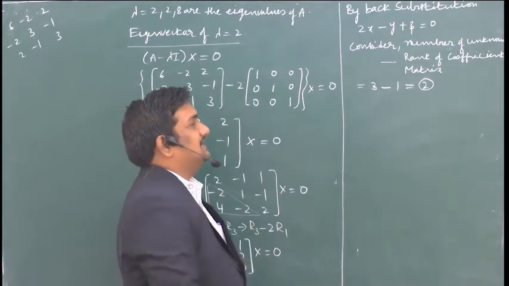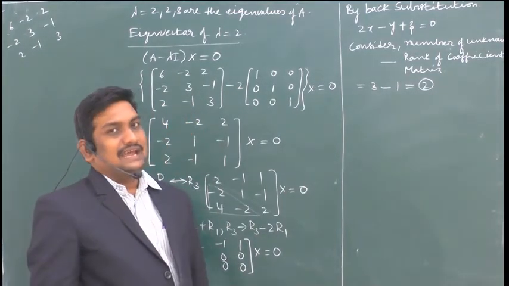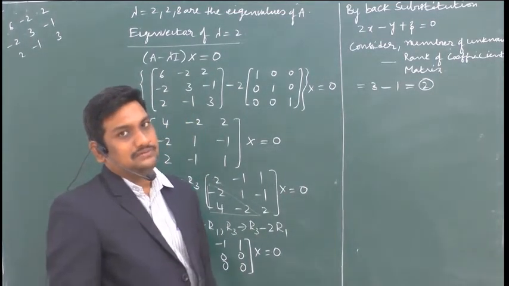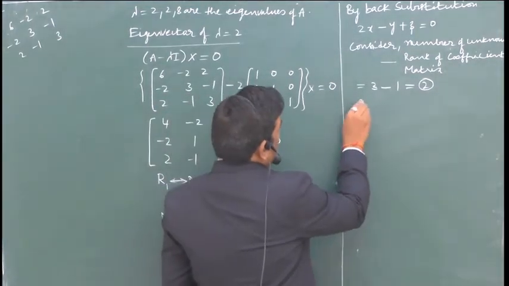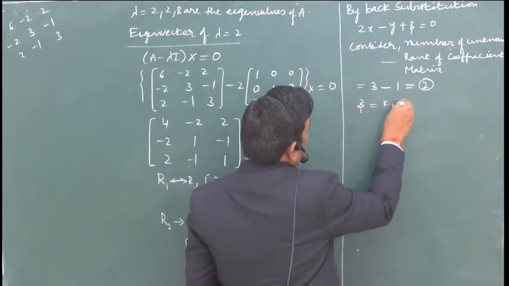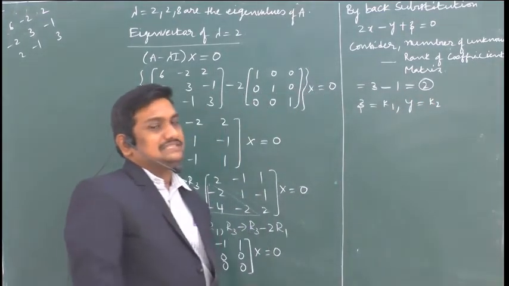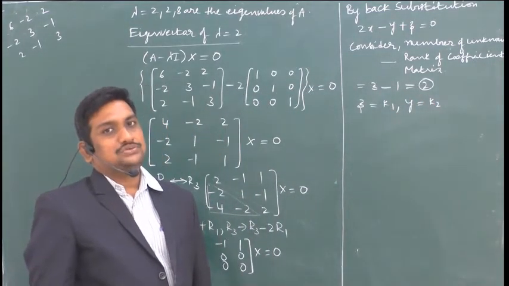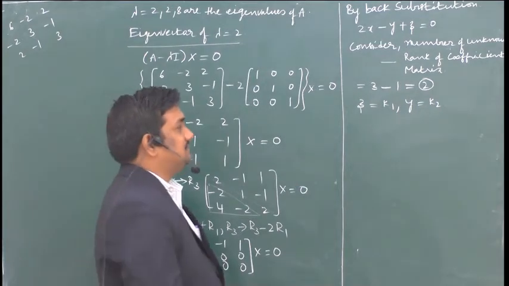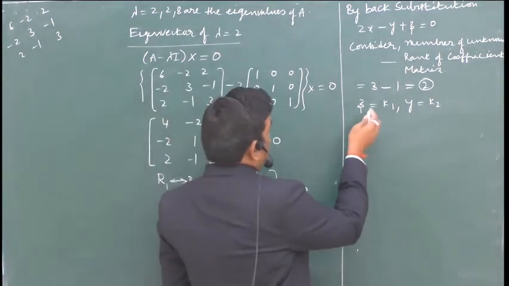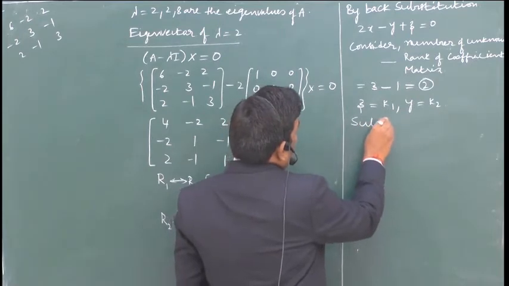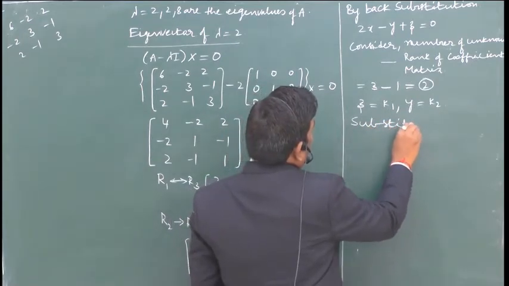Since there are 3 unknowns x, y and z, let us assume z as constant k1 and y as constant k2. So I assumed z and y. Now substitute the z value and y value in the above equation.